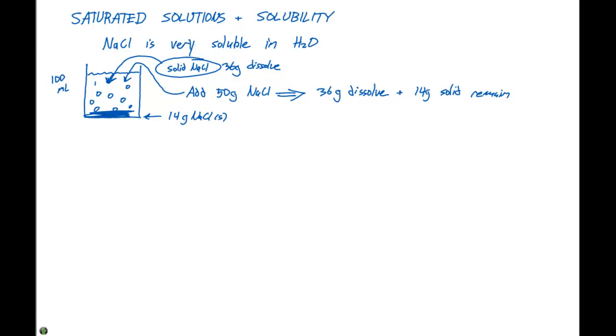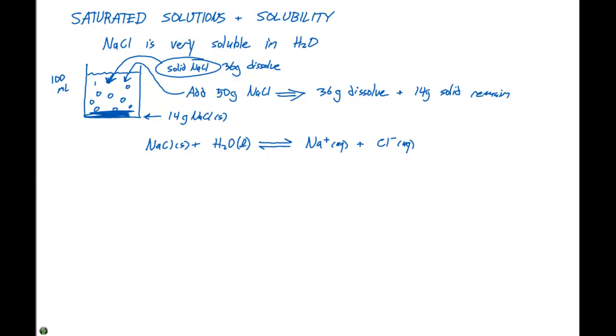So we need a chemical equation to represent this process. Basically we have NaCl as a solid plus water as a pure liquid in equilibrium with sodium ions in aqueous solution plus chloride ions in aqueous solution.